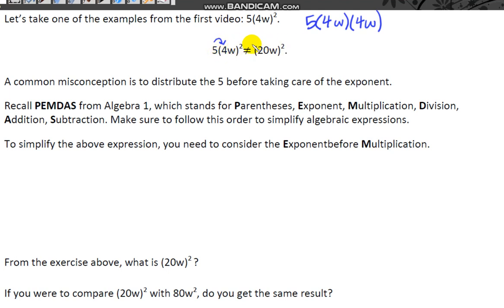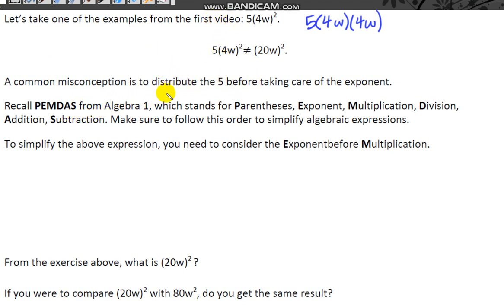So if you try to do that, you're going to get something kind of funny. So this expression here is not the same as 20w squared. Okay, so as I mentioned here, a common misconception is to distribute the 5.